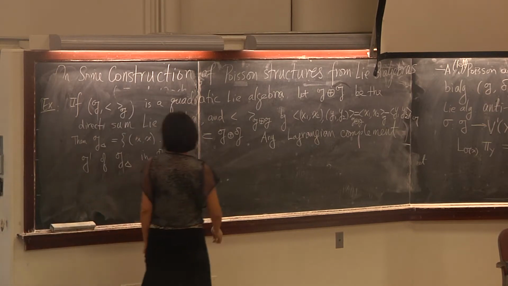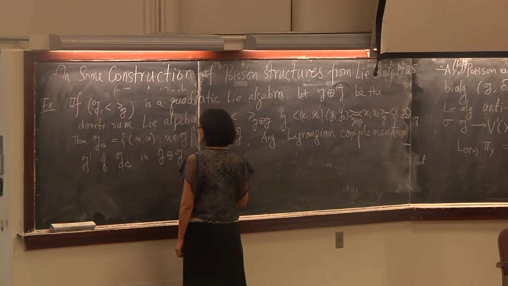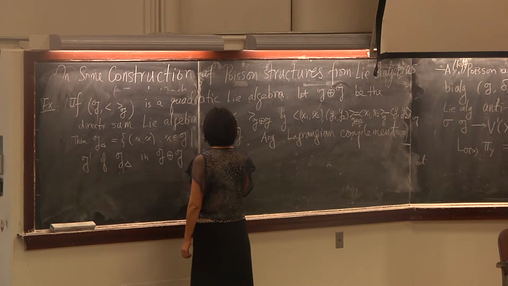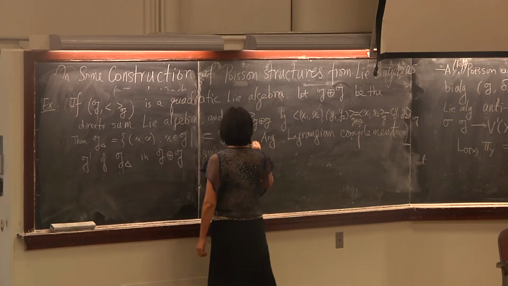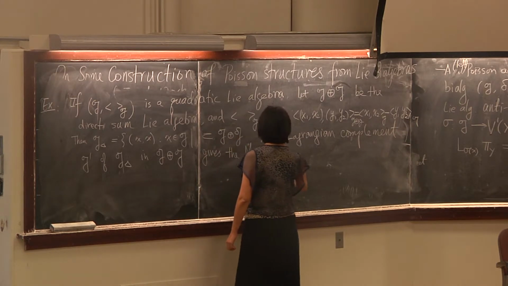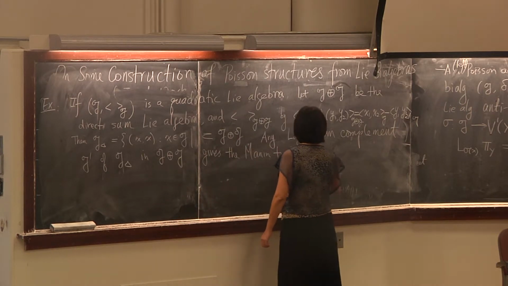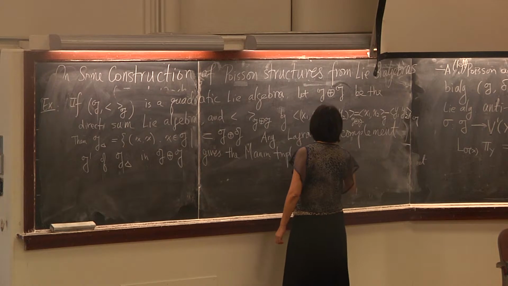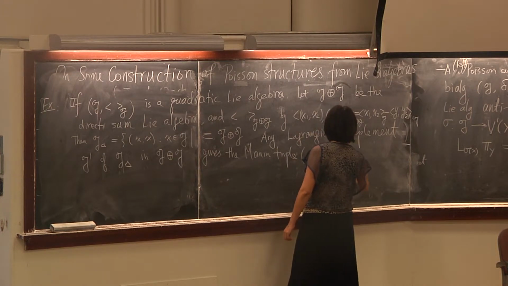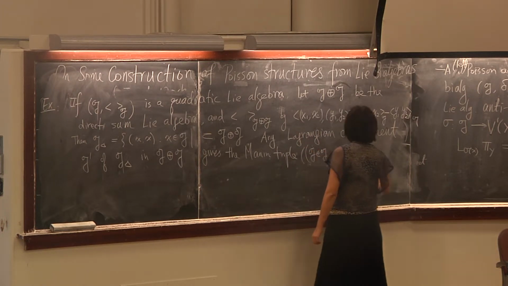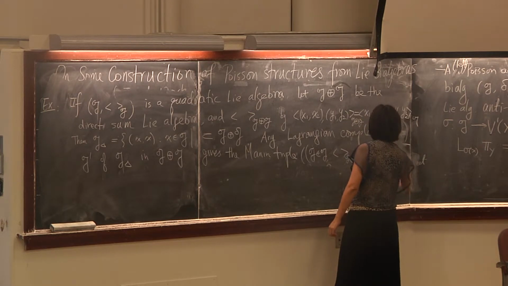So you have G plus G with this bilinear form. So this is a quadratic Lie algebra. You have the G diagonal, you have this G prime.